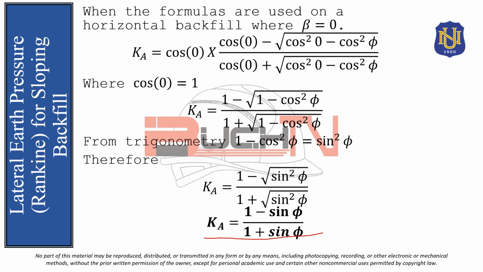Ibig sabihin, mapapalabas natin yung equation ng horizontal backfill if we will use the equation for sloping backfill. So, itong concept na to is pwede nating tandaan para matandaan din natin yung format ng equation for a sloping backfill.